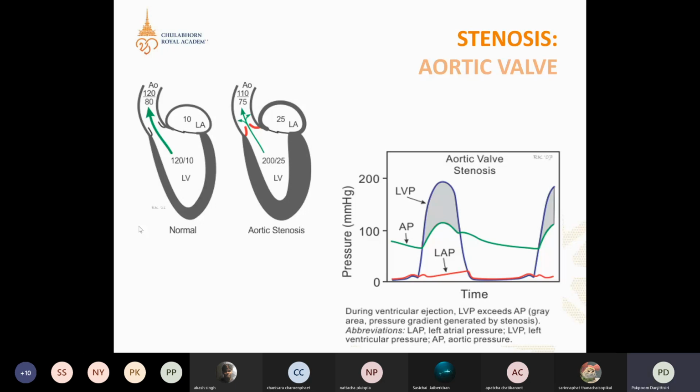And the pressure from the aortic valve tries to impede the blood flow from the LV into the aorta. The volume of blood flow that goes to the aorta will be reduced because of the obstruction of the aortic valve, right?